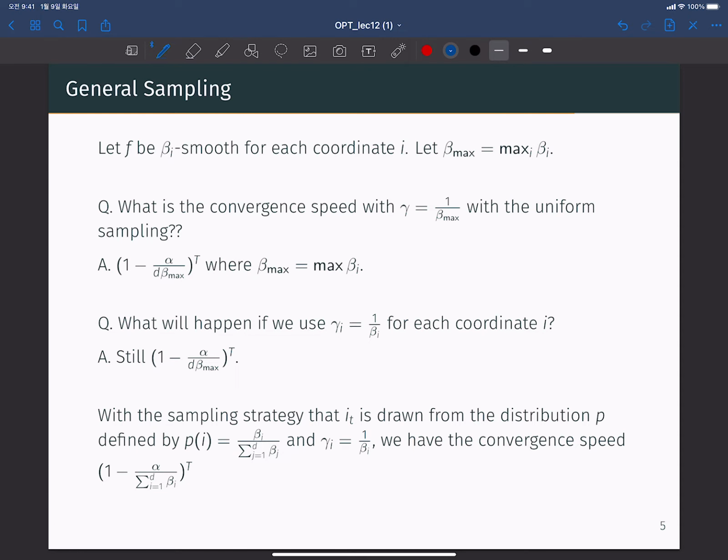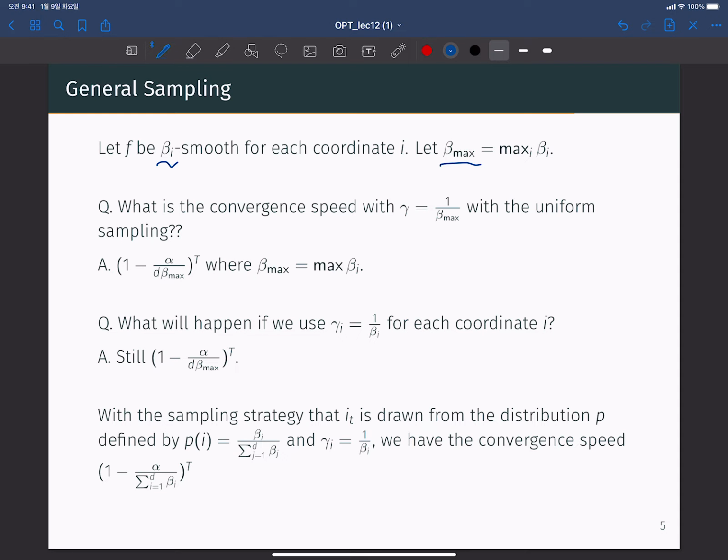So let's extend the result to a more general sampling scenario. Let f be beta i smooth for each coordinate. So now we consider a different parameter beta i for each coordinate i. And let's say beta max is equal to max over i of beta i.